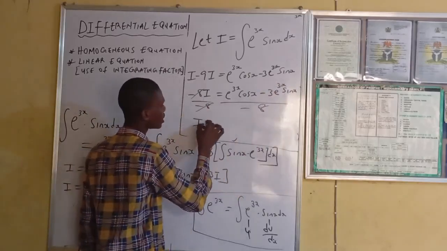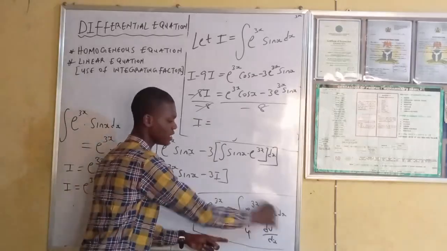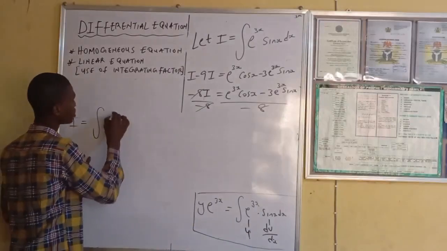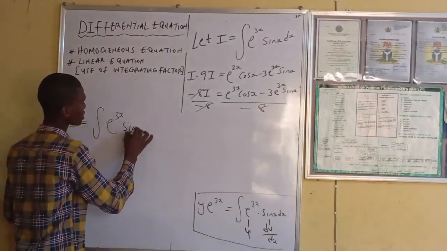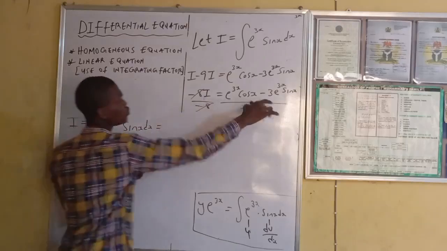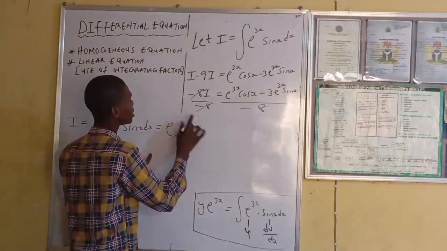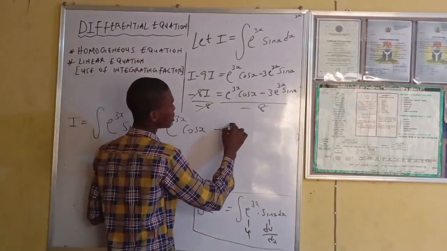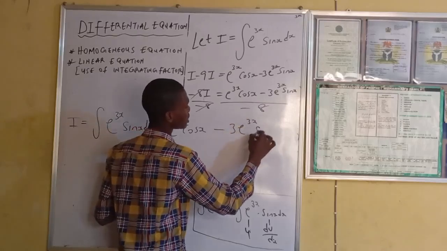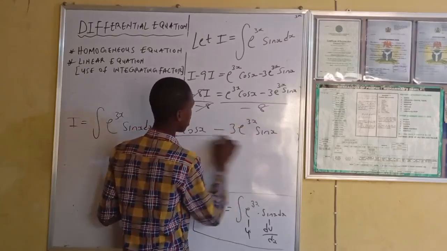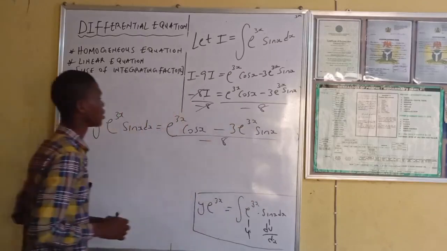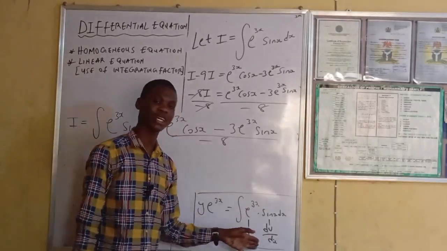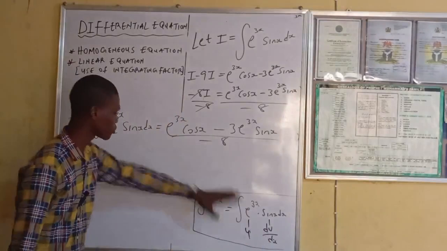It means that I, which is the integration of the right hand side, I, which is the integral of exponential 3x sin x dx, is equal to exponential 3x cos x minus 3 exponential 3x sin x over minus 8, right? So that's it. You've integrated the right hand side. Then from here, back to what we are doing.